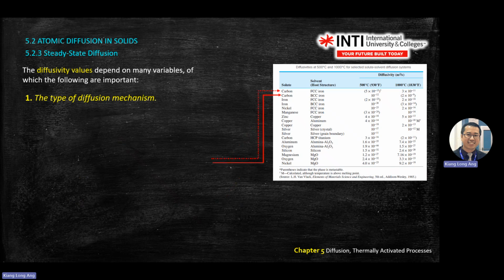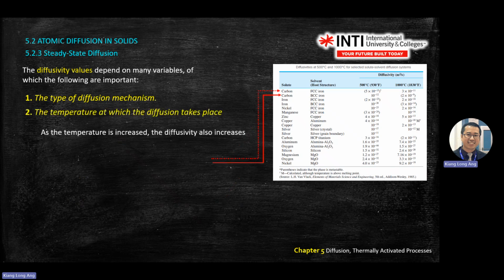Okay, and that's the brief. The second one is temperature. First is the diffusion mechanism, either interstitial or substitutional. Second is temperature, so as you can see, the diffusion rate increases when you change the temperature.